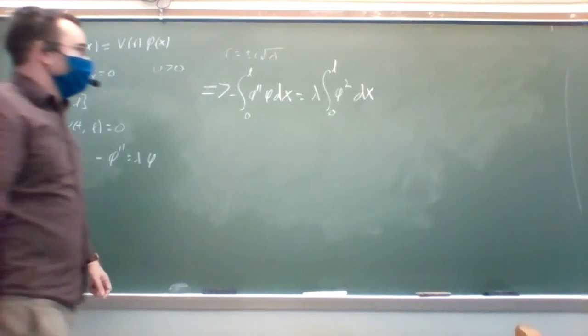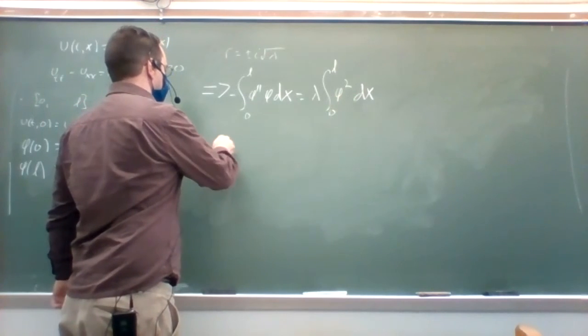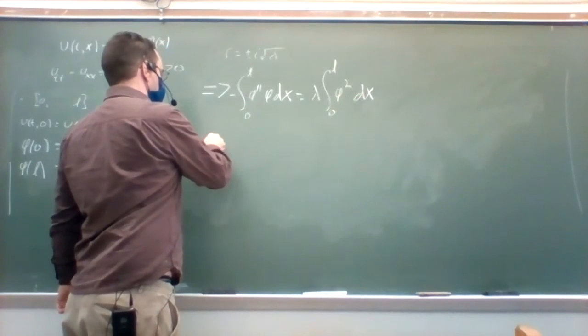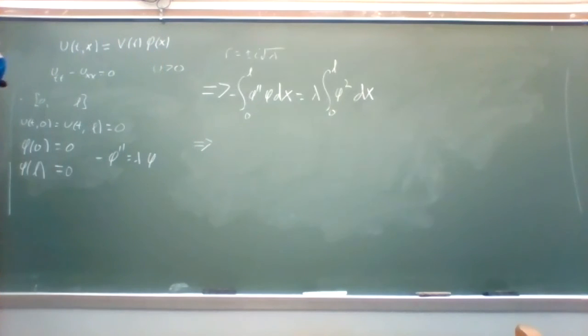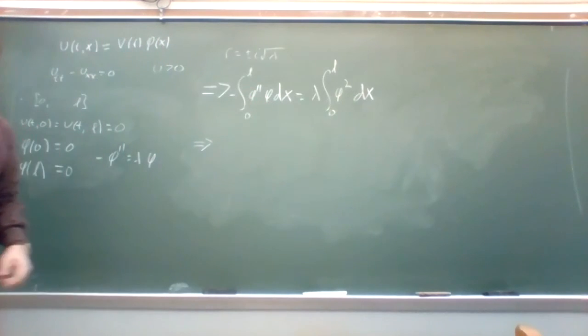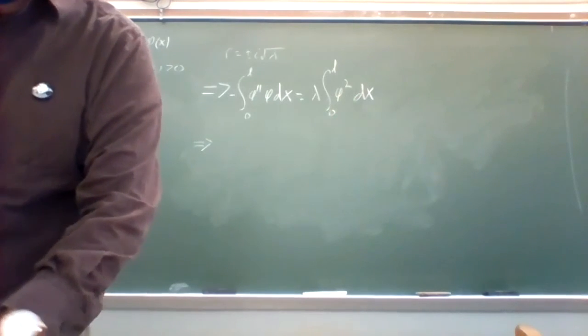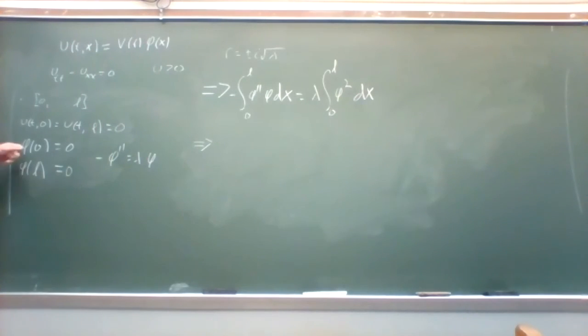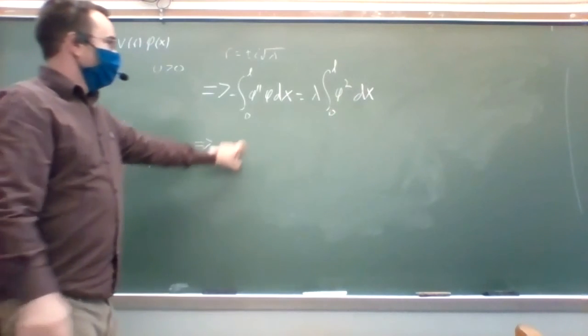But I won't write that out, maybe for psychological reasons. And for this, I want to do an integration by parts. So actually, I'll leave that for a class exercise, take 30 seconds. Integration by parts, respect the boundary conditions. What do you get?